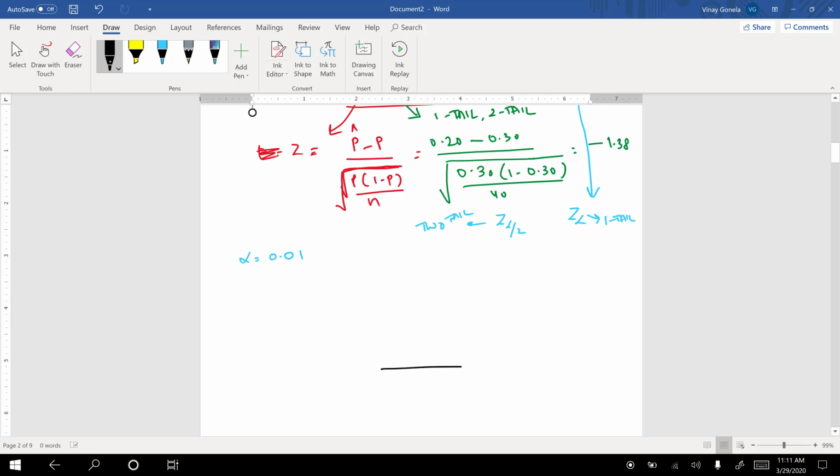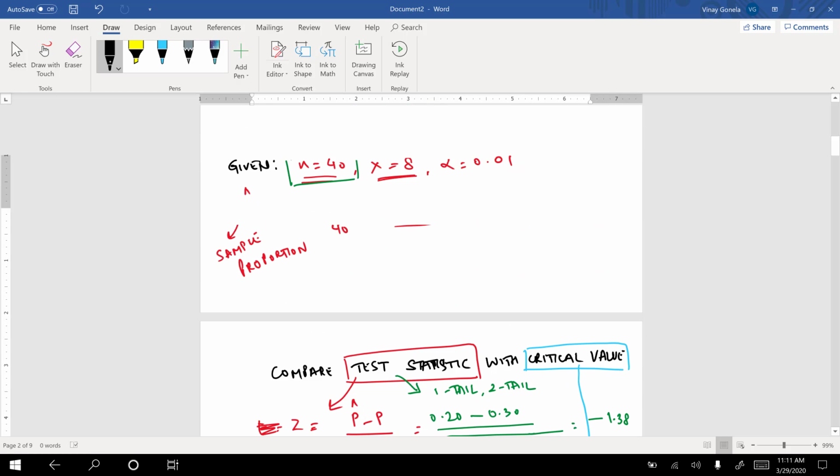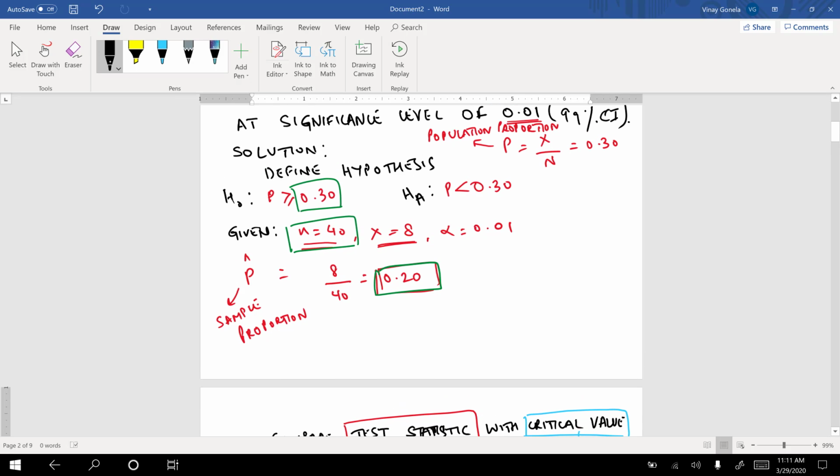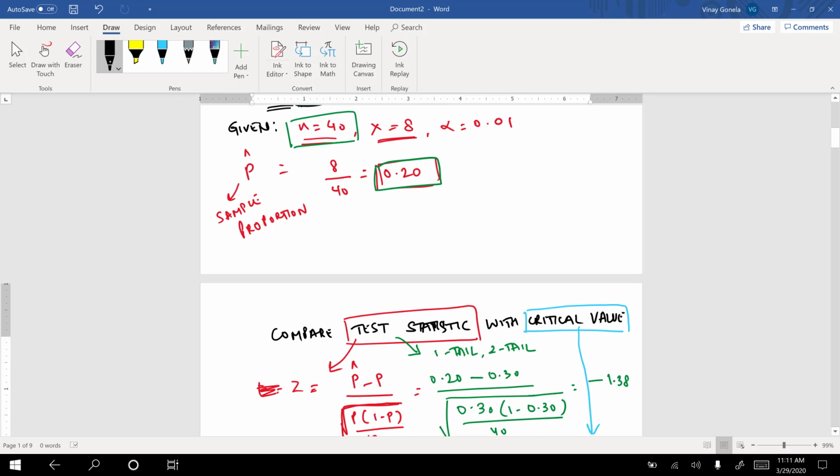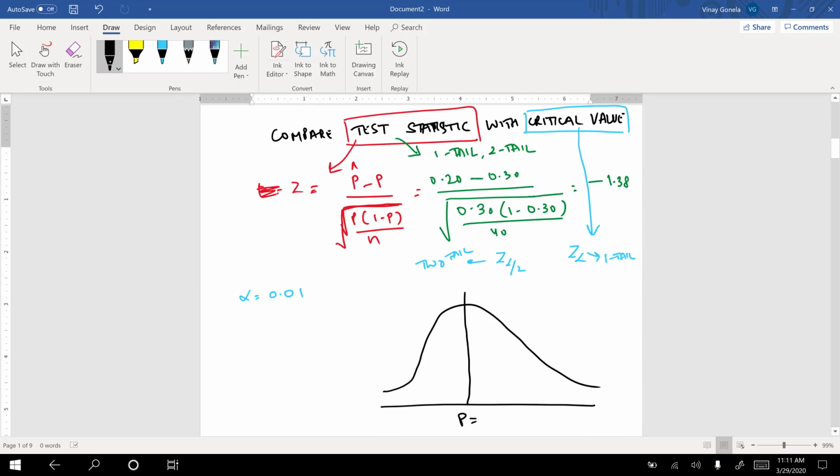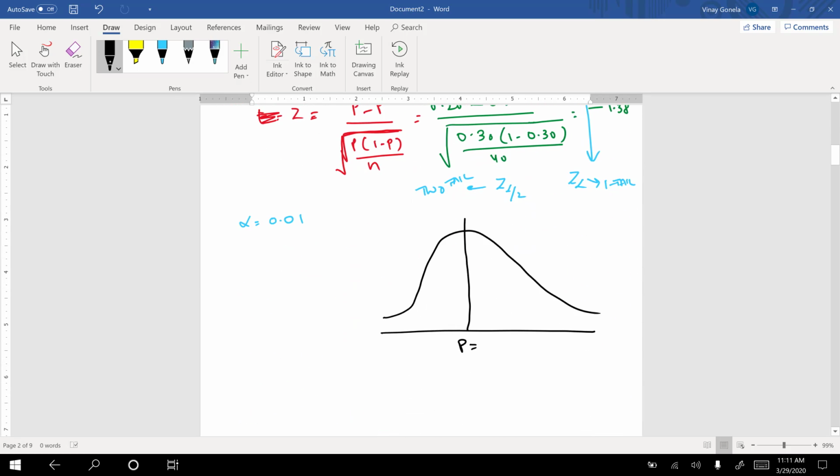If this is the proportion P and this is 0.30, they are saying the proportion will be greater than 0.30.